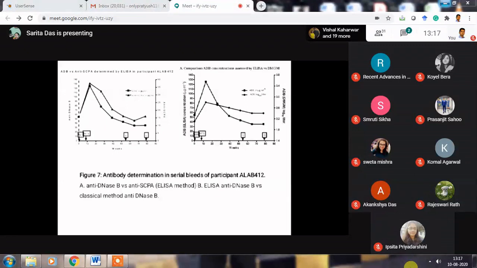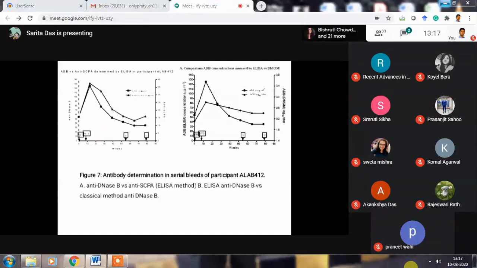But you have to handle a high concentration of virulent bacteria, and the process is also very tedious. But using recombinant DNA technology, we can get the recombinant antigen in a much easier way without any contamination.